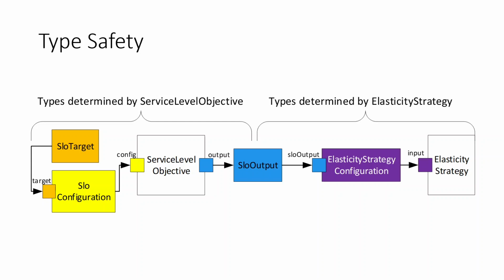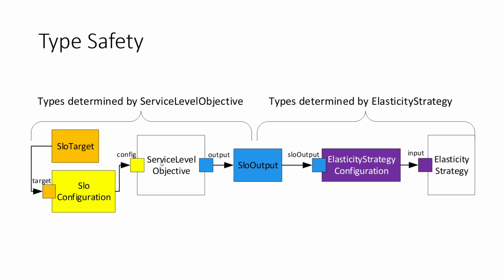Just wouldn't make sense. At runtime, it would trigger an error, which might be hard to find. So what we make sure is that you see this problem already as you are configuring the SLO, and we don't even allow you to apply this incorrect configuration.